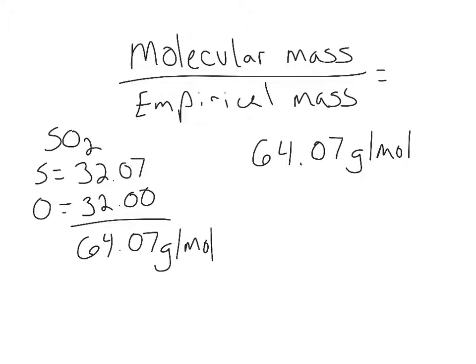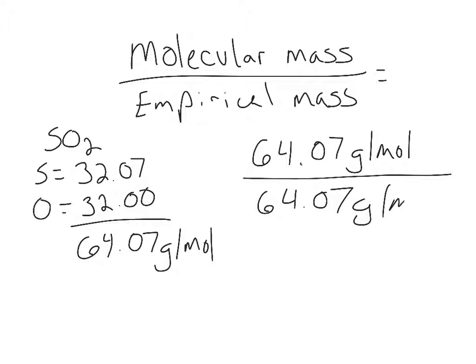Okay, so my molecular mass is 64.07 and my empirical mass is 64.07. So I'm going to divide those and I get a multiple of 1. So my empirical formula was SO2. Then I multiply each one of the subscripts by 1, which doesn't change it at all, right? So my molecular formula is also SO2.